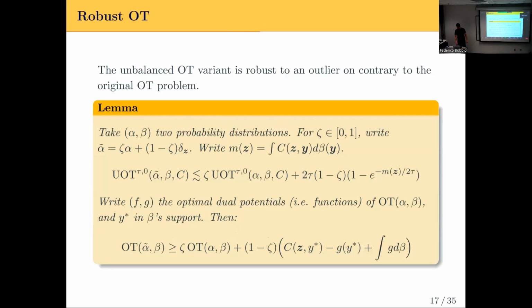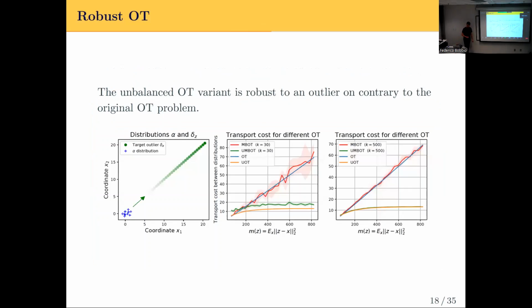This lemma says that if I have a distribution which is tainted by an outlier, the green point tau here, and this outlier moves away from the distribution, and I want to transport the distribution alpha to the same distribution but with the green sample, I can see that when the green sample moves away, the optimal transport cost increases.